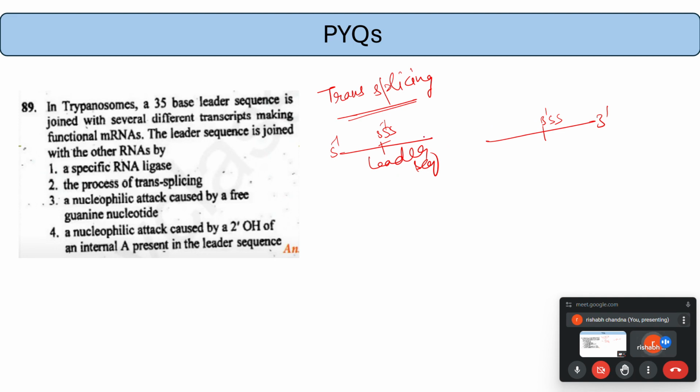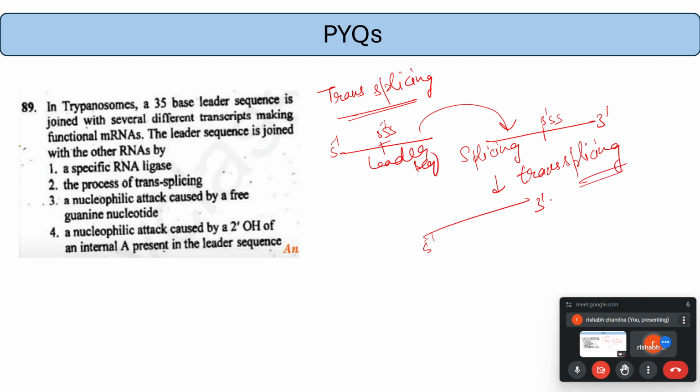Now here the leader sequence will help to do the splicing, and then the mature mRNA will be formed by the process of trans-splicing. Okay, so this happens in trypanosoma only. So here the correct answer is option B, so second option.